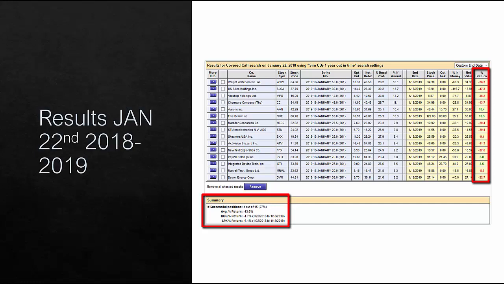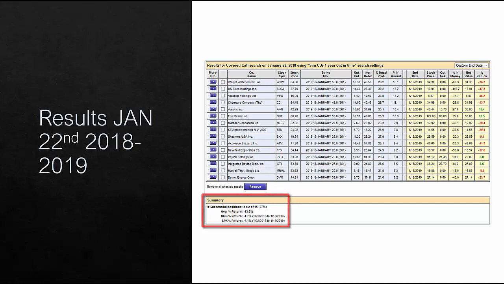We're seeing losses of 47%, 35.2%, and others. 4 out of 15 trades were only successful. Average loss on the 15 trades was 13.6% down. Same time, the Qs were down only 1.7%, and SPX was down 6.1%.